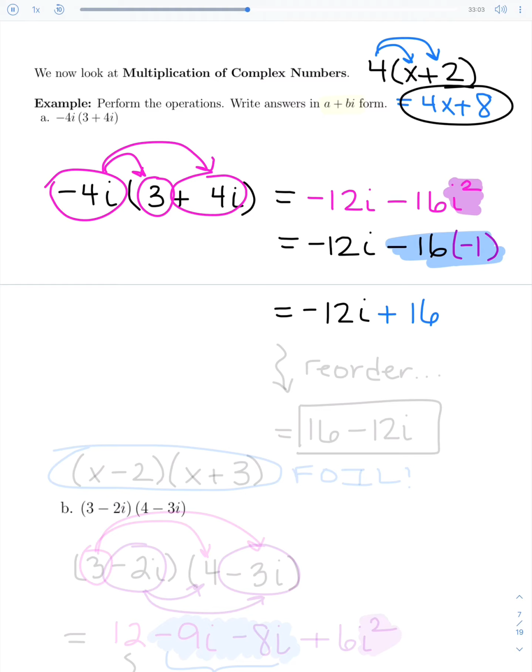Notice, if you were to type in this answer, there's technically nothing wrong with this, the negative 12i plus 16, other than they said they wanted this in a plus bi form, which means they want the i at the end. So you'd get a cryptic answer saying, not quite. So that means you need to reorder this. And we'll reorder this as with the 16, it's positive, will come first. Then the 12i was negative, that will come second. So 16 minus 12i is what you'd actually want to enter into your MyMathLab as your final answer.